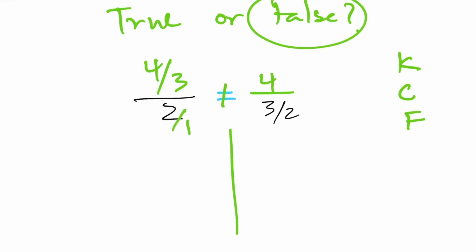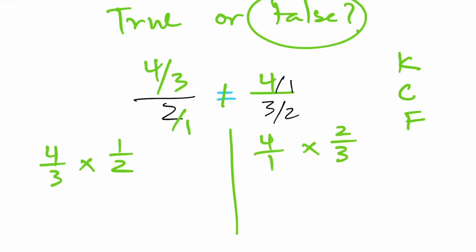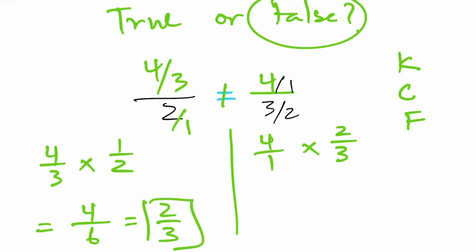Think of 2 as 2 over 1. Think of 4 as 4 over 1. Okay? So keep, change, flip. Keep, change, flip. So that's going to be 4 over 6 or 2 over 3, 8 over 3.